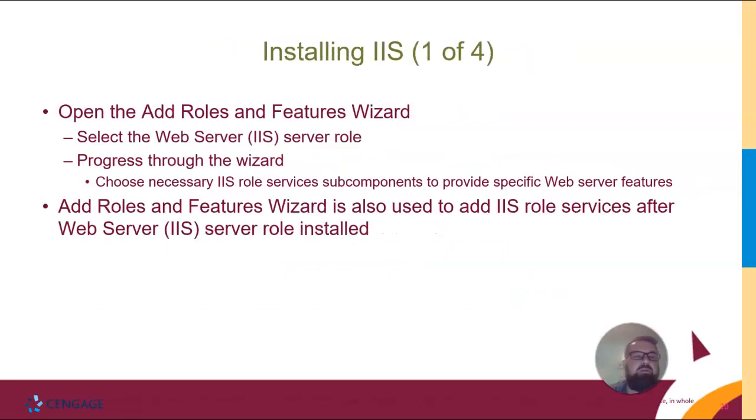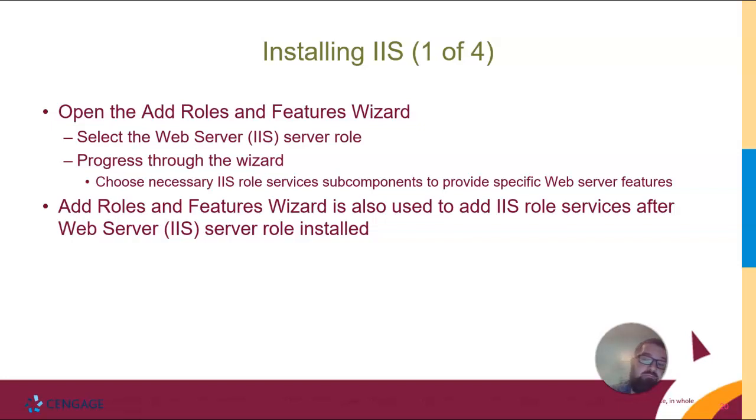So how do we install IIS? Like every other feature that we've done so far, you do it through the Add Roles and Features wizard. You select the Web Server IIS role, and then you progress through the wizard. You choose the necessary IIS role services subcomponents, and the Add Roles and Features wizard is also used to add additional role services.